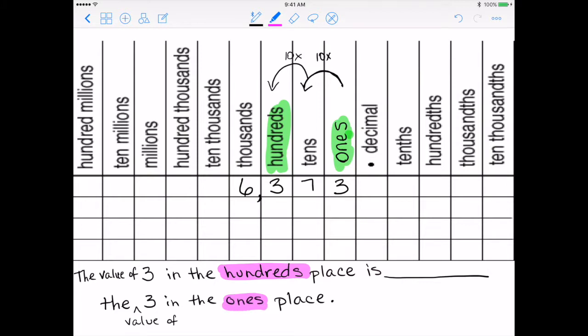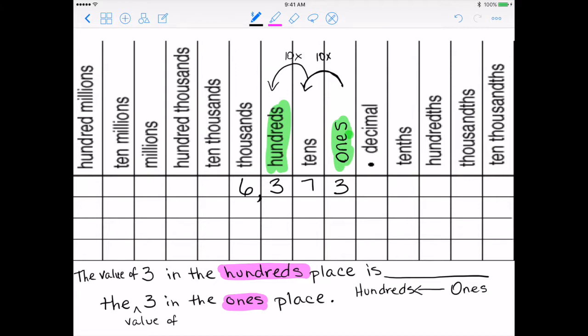Now, which word came first in our prompt? It was the hundreds. And which one came second in our prompt? The ones. Now, what I want to do is draw an arrow to the word that has the greater value. Which has the greater value, hundreds or ones? Well, we know it's hundreds. So we're going to point the arrow toward the hundreds place.